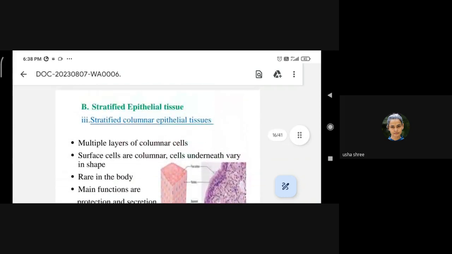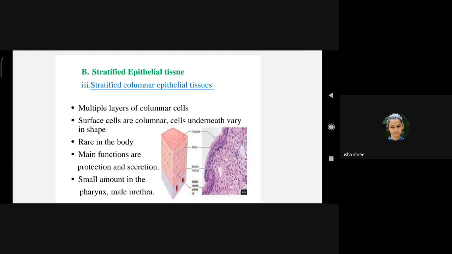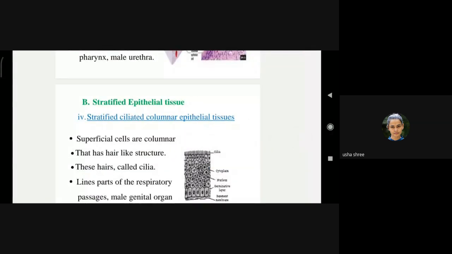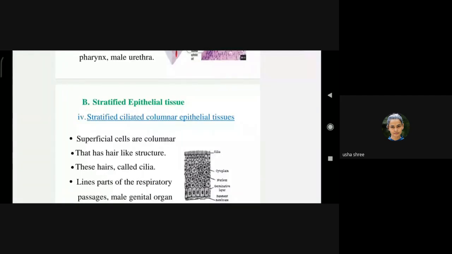The last one was columnar epithelium, in which the uppermost or superficial layer was columnar cells and the underneath cells were square in shape. And now this stratified ciliated columnar epithelial tissue is also the same in structure, but they are adding cilia on their surface.